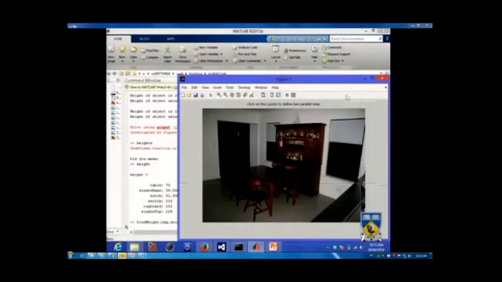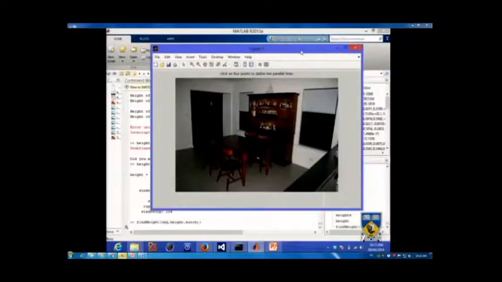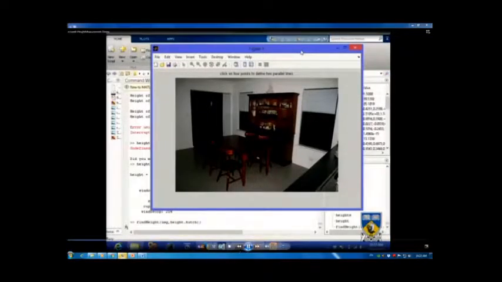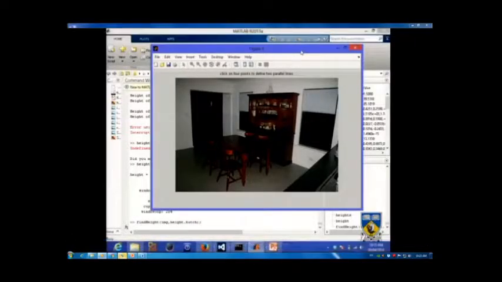Right, so it displays the image first. Just look at the captions. It says click on 4 points to define 2 parallel lines. So these are 2 horizontal parallel lines.